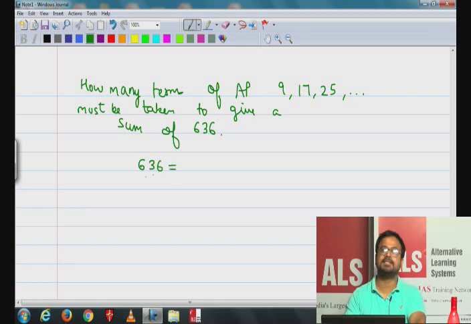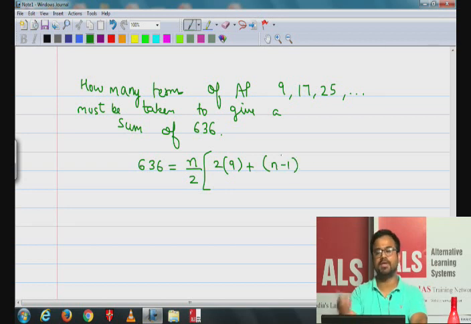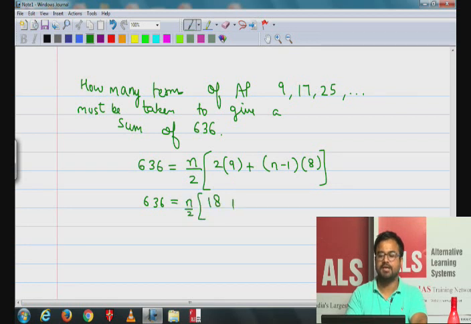The sum is given as 636, so n by 2 into 2 times a, which is 9, plus (n minus 1) into d. D you can see it is 8. So we just have to solve this equation. That will be 18 plus 8n minus 8. 18 minus 8 is 10 plus 8n.